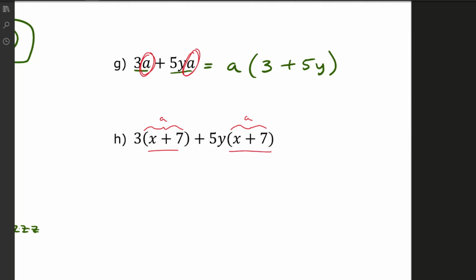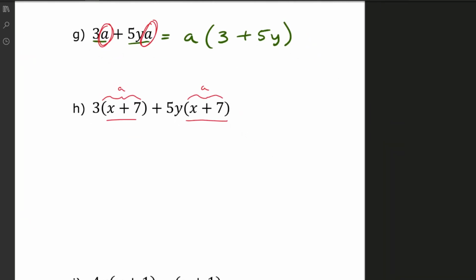Something like this. Could you yourself, now seeing that factored up there, factor something that looks like this? Well, you definitely see that the 3 is here, there's a 5y here, there's a lot of stuff that's similar. The only thing they changed was the a; they replaced it with x plus 7. Your factorization is going to be the exact same as what we had up there.